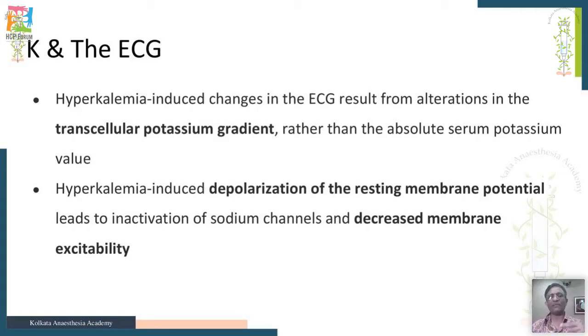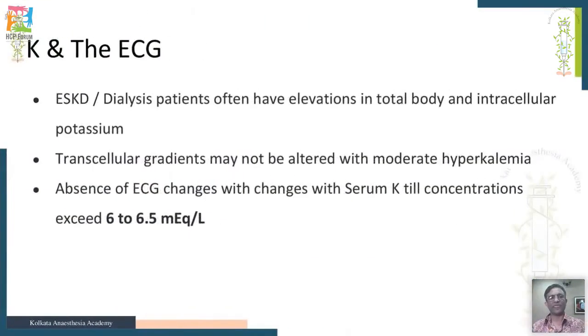This hyperkalemia-induced depolarization of the resting membrane potential is what leads to inactivation of the sodium channels and therefore decreased membrane excitability. So whatever ECG changes you see are because of the transcellular potassium gradient.